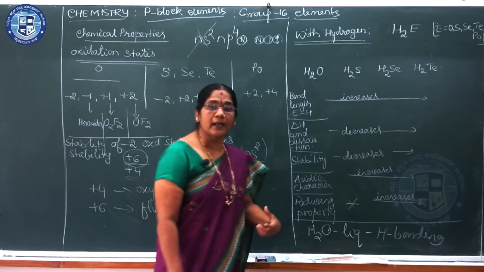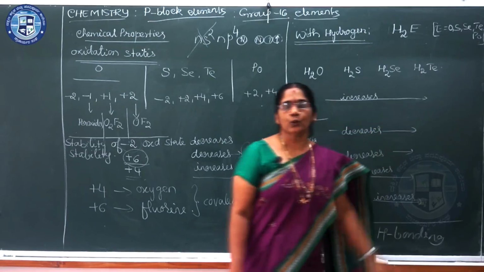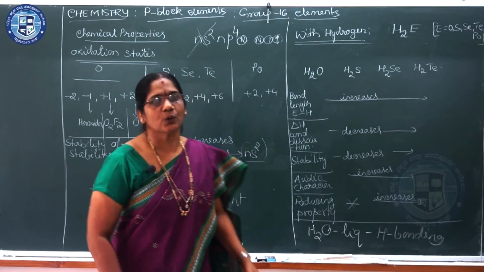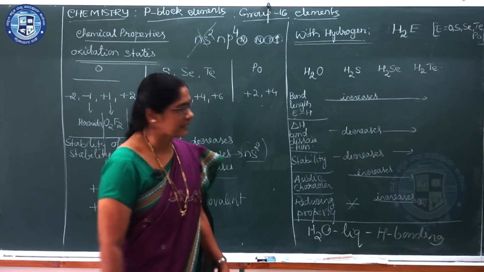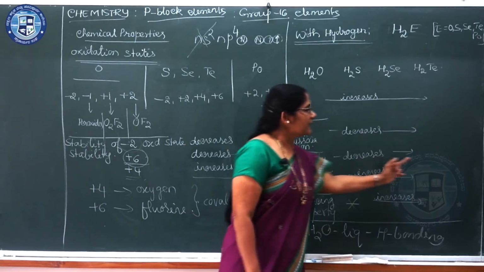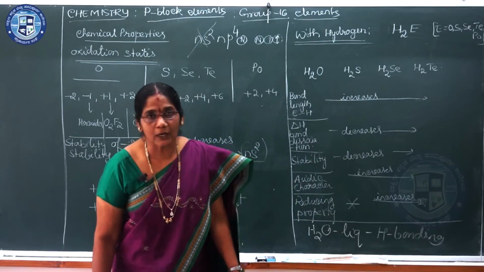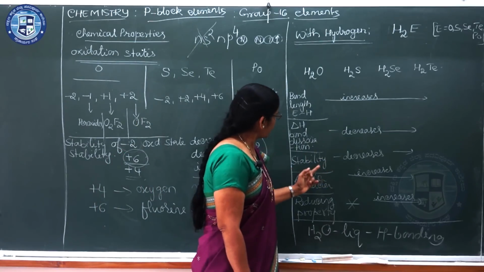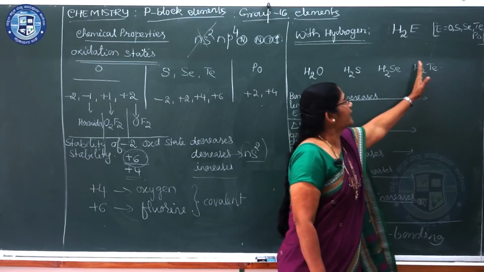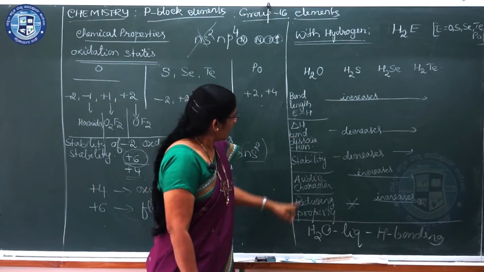We need more energy to break the O-H bond than the tellurium-hydrogen bond. So the breaking of the bond becomes easier, and therefore the thermal stability decreases as we move from water to hydrogen telluride. And therefore we can easily separate hydrogen and tellurium compared to hydrogen and oxygen.